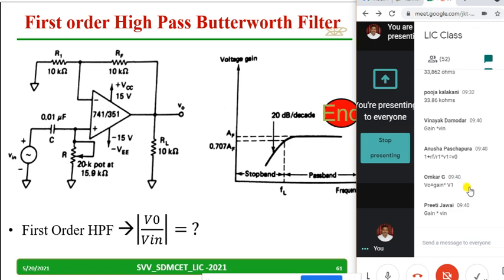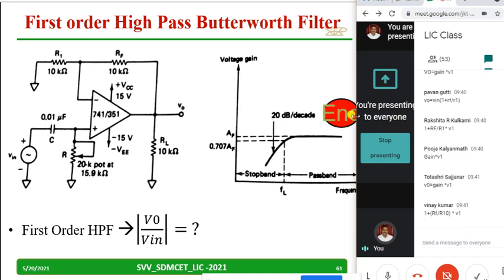Preeti has typed, many have typed at a time. Vinayak, Anusha have typed 1 plus Rf by R1 into V. Some people are typing gain into Vin, and some people are typing 1, V1. Which is correct, you people should say.